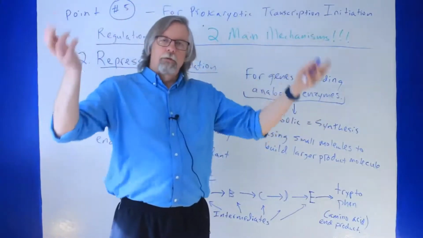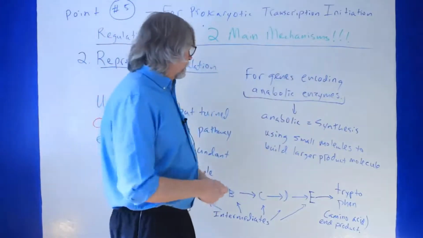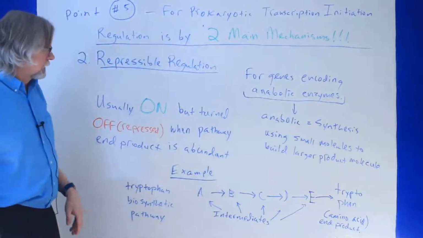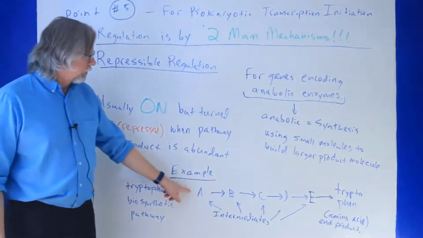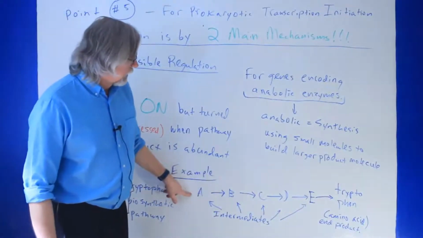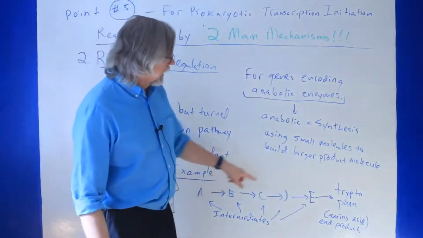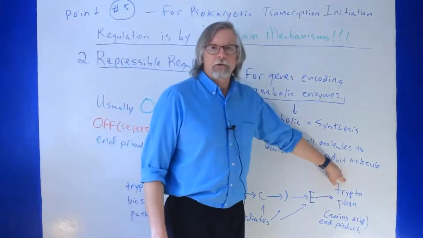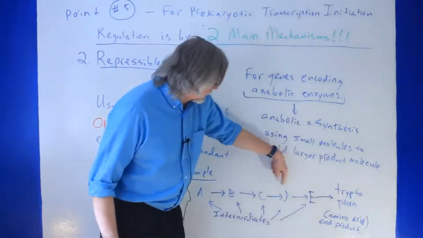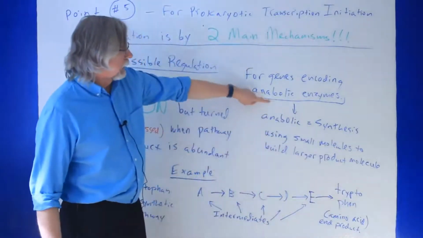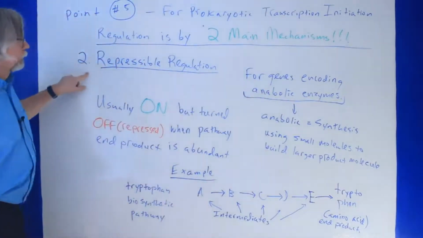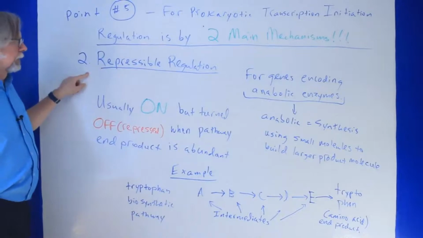An example of that is seen in E. coli, and this is the biosynthetic pathway. I haven't given the name of the intermediates here, but it's a pathway in which the end product is the amino acid tryptophan. The enzymes that are catalyzing these steps are anabolic enzymes, and these enzymes are regulated through repressible regulation.